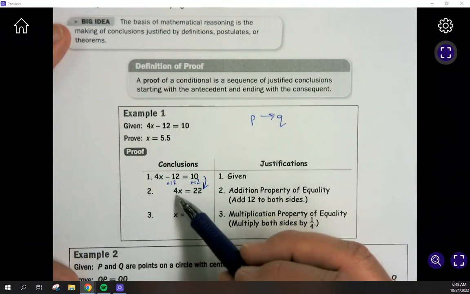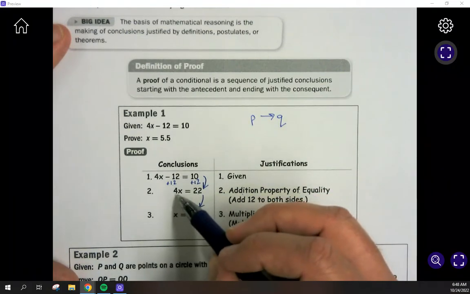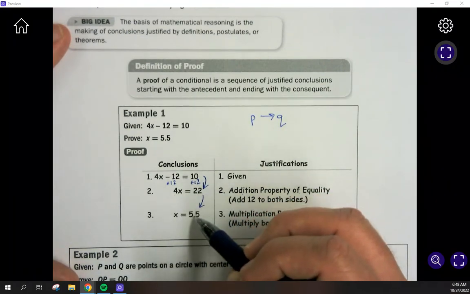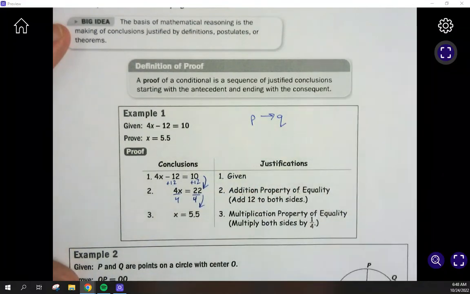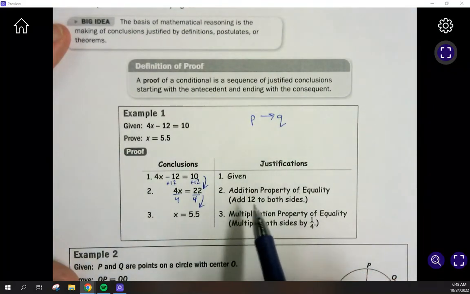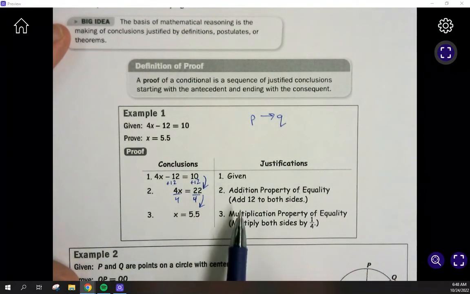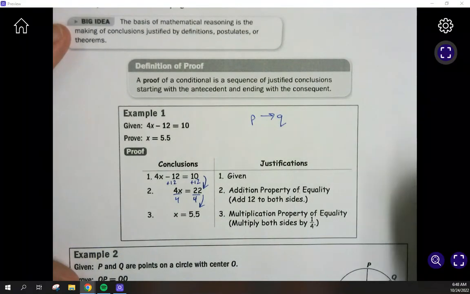And then we notice from this step to step 3, we've lost the 4 on this side, and 22 became 5.5. And we know from all of our studies in algebra that we would be dividing there. But we talked about in the previous sections that we are going to look at the addition property and multiplication property to cover everything that we need here.